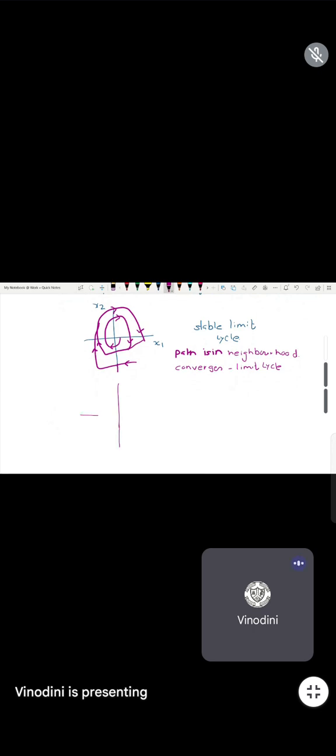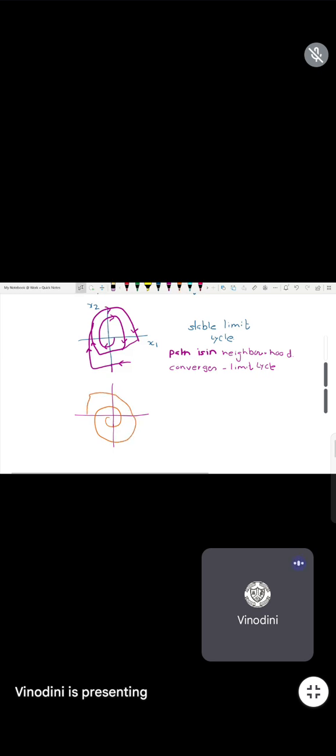But for this second type of trajectory, you can say this is the way.